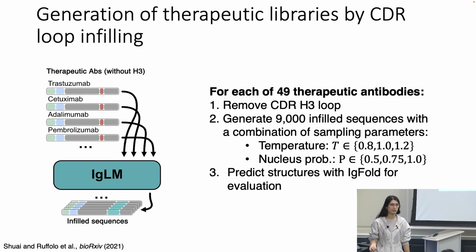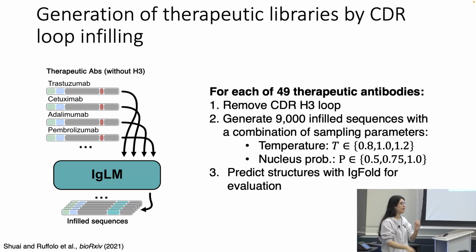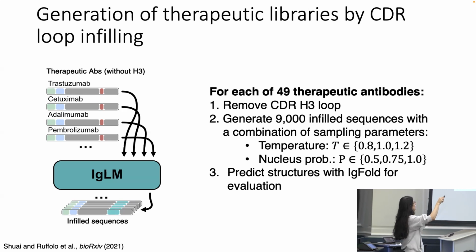If it looks unfolded, that's not good. But maybe we can evaluate this method by making a bunch of sequences and then predicting structures for them, and then seeing, do the structures for where we didn't design, so besides the H3 loop, align well with the structures for each of these antibodies, right?